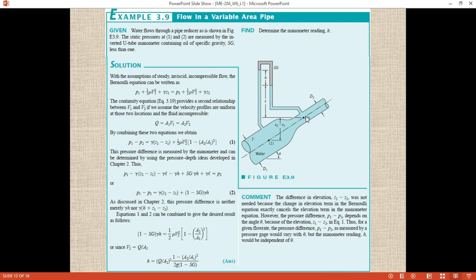So we can find out the pressures P1 and P2 by using the Bernoulli equation, where we convert the velocity into pressure.